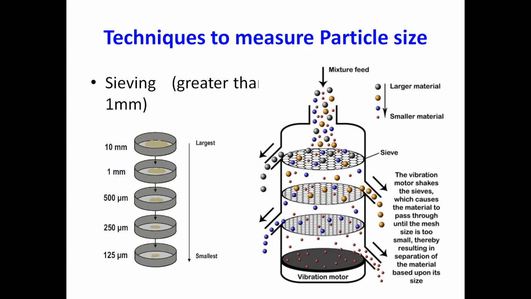In this way, the first sieve will filter out those particles which have size more than 10 mm or 1 centimeter. Then the second one will filter out more than 1 mm. In this way, you can segregate the particles of various sizes.